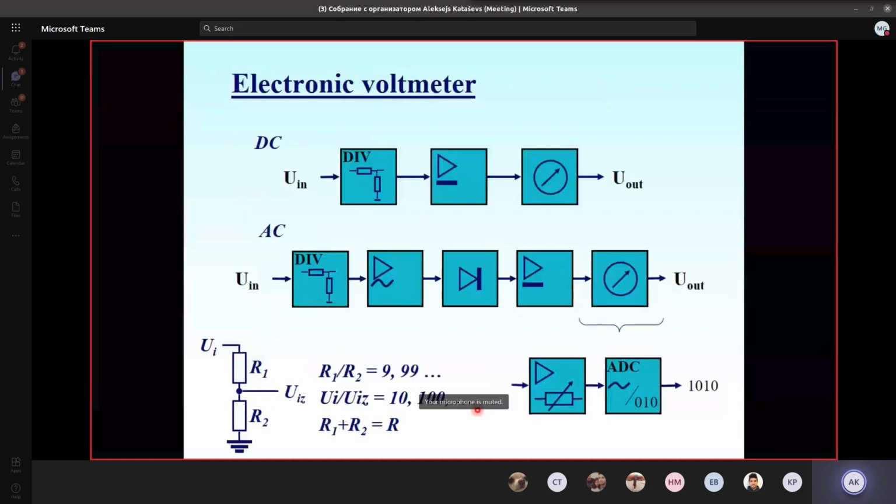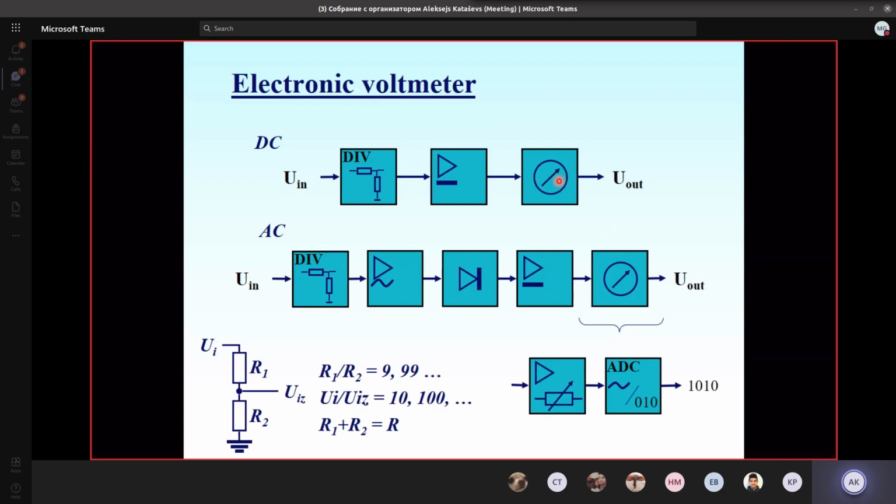Speaking about different kinds of electronic voltmeters, generally the design of the direct transformation or direct chain electronic voltmeter, the minimal design for the DC voltmeter, includes the DC amplifier, which often has a function of scaling, and the output meter, which may be an electromechanical device.